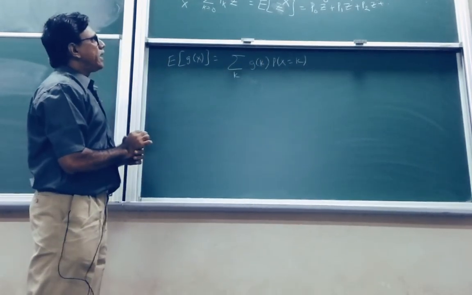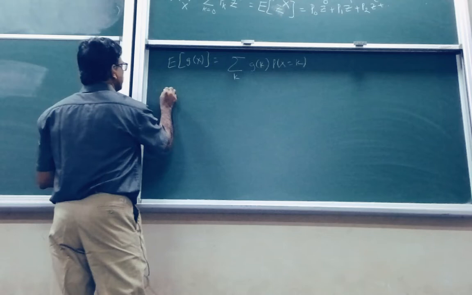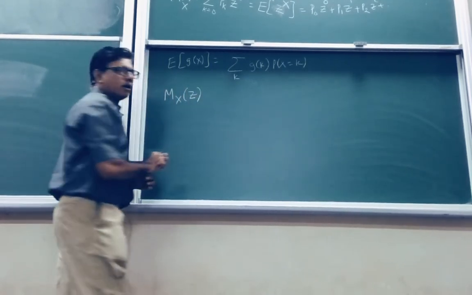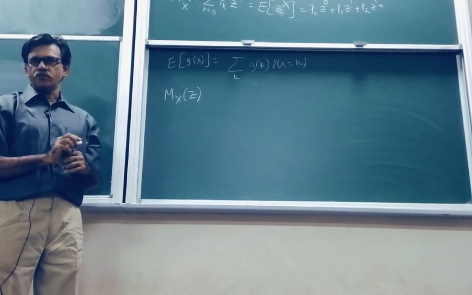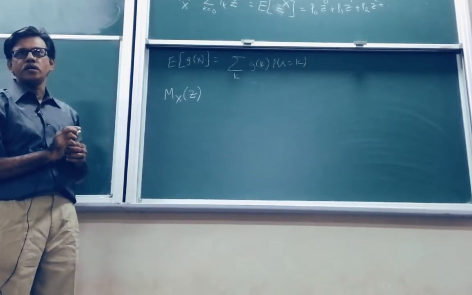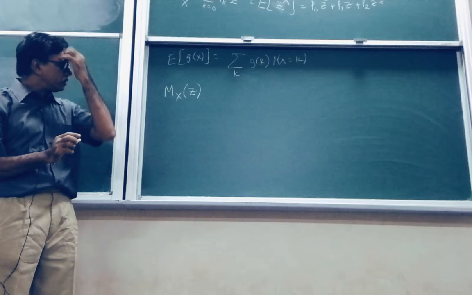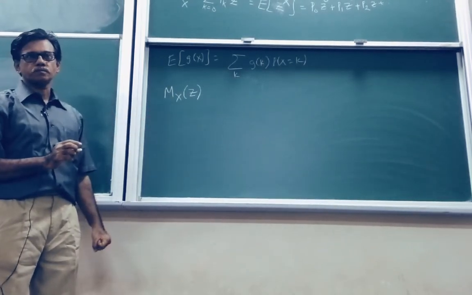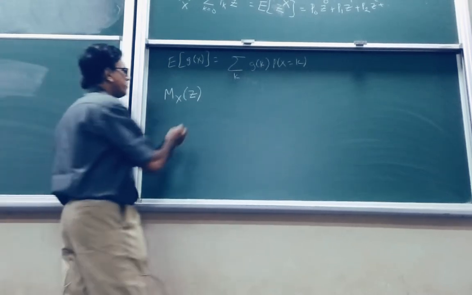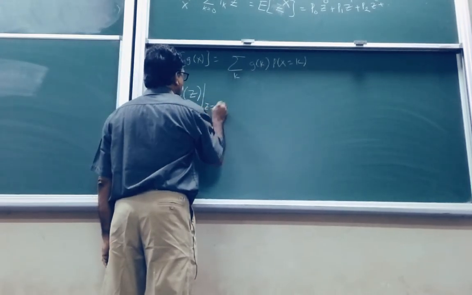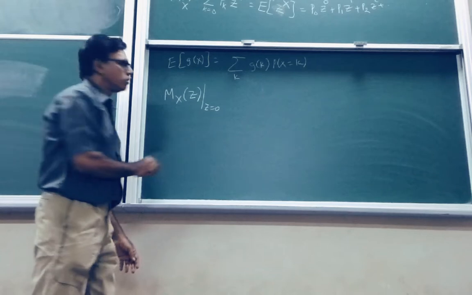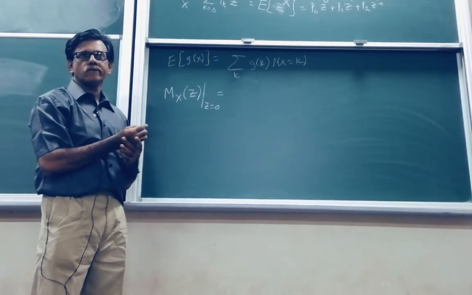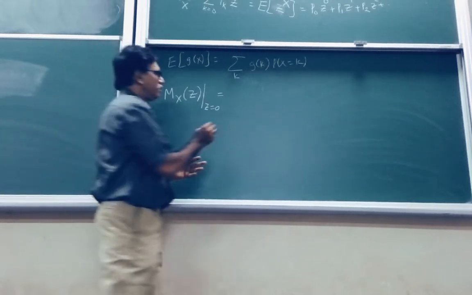Well, now we will look at some of the properties of this PGF. We will use the shorter notation PGF for probability generating function. What are some of the properties of M_X of z? M_X of z evaluated at z equal to 0 will give P naught.